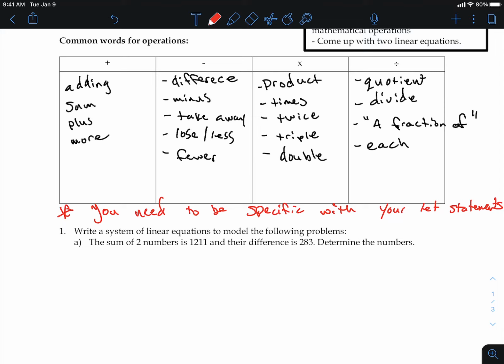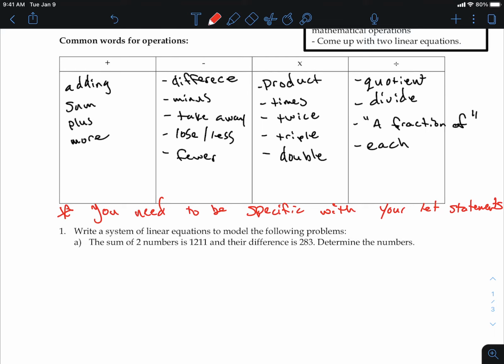So the point of this lesson is, can we come up with let statements, and can we write the equations to represent the words that we've read? From there, you can choose to use substitution or elimination to solve the questions. But the point here is we need to come up with the equations. That's the heart of being able to do this.